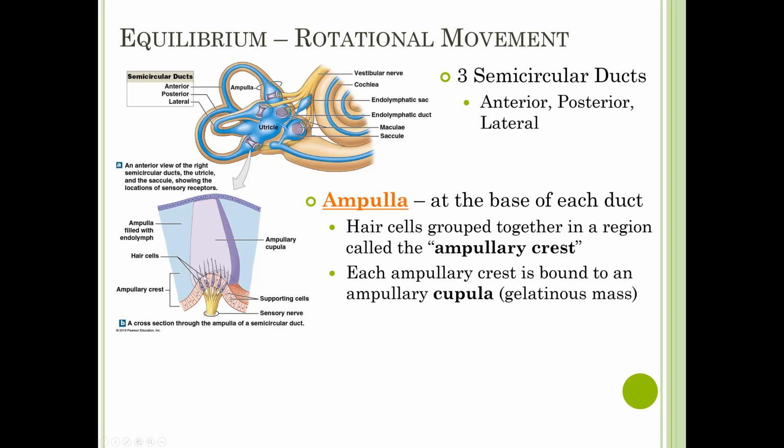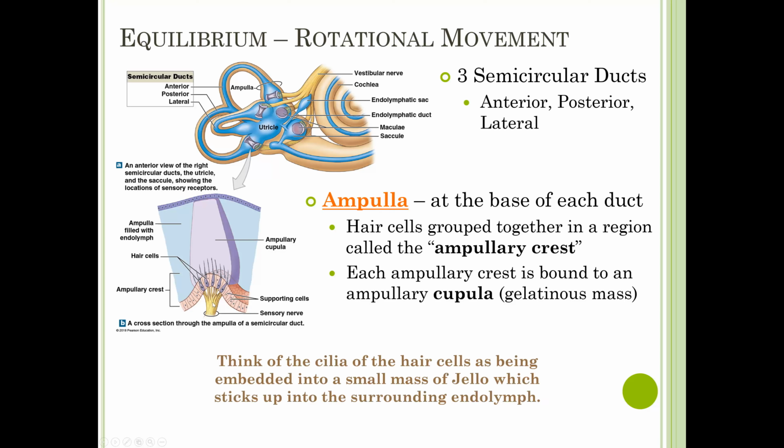Each ampullary crest is then bound to this light purple area here called the ampullary cupula, which is a gelatinous mass that sits right above the crest. Think of the cilia sticking out of the hair cells as being embedded in a small mass of jello, which sticks up into the surrounding endolymph.